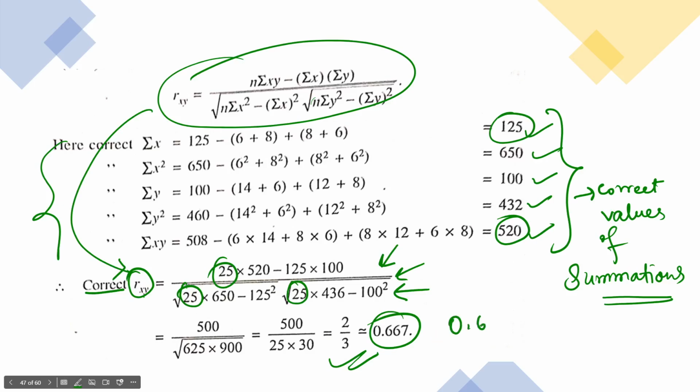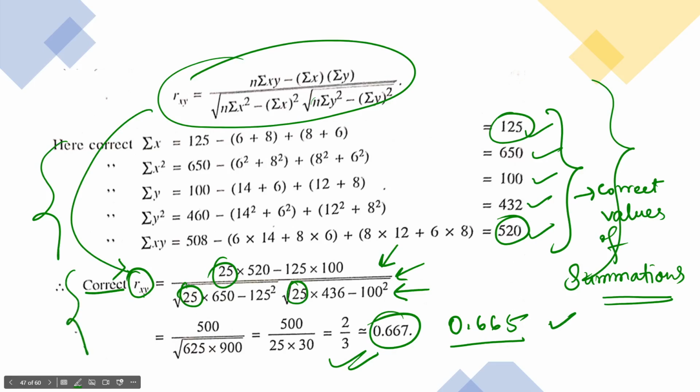If you get 0.665 at least, then I think you will get the full marks, because what is the main motto of giving the question? That is to check whether you know this trick or not, or whether you know this concept or not, to check this calculation.